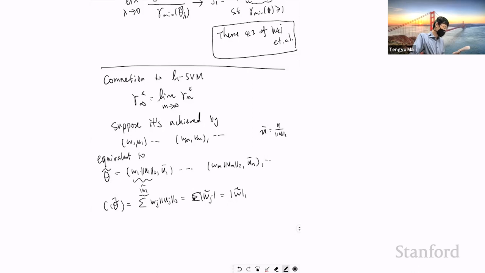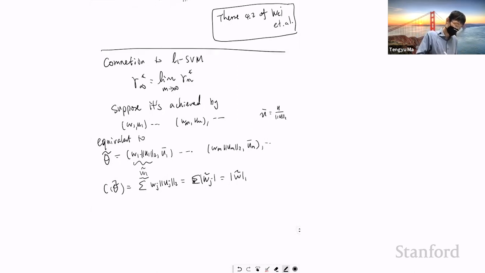So formally, what you can do is pretend that every U on the sphere S^(d-1), the d-dimensional sphere, shows up in the collection of U bars.